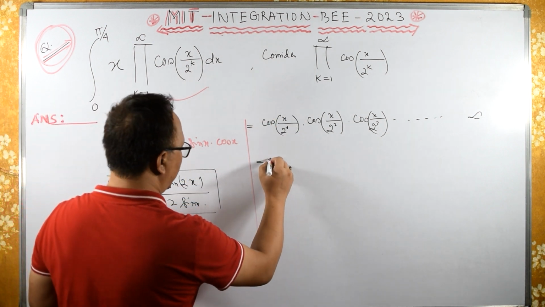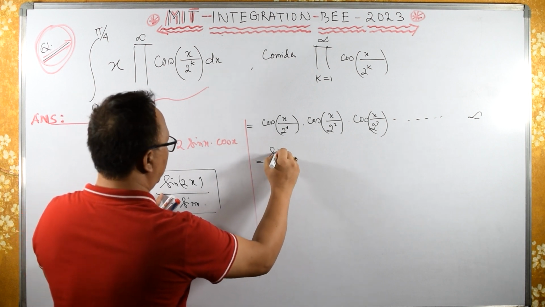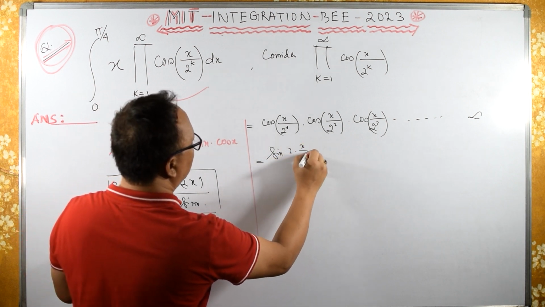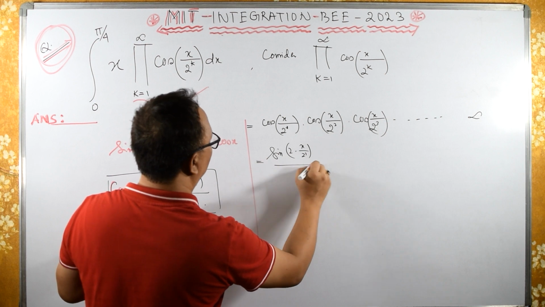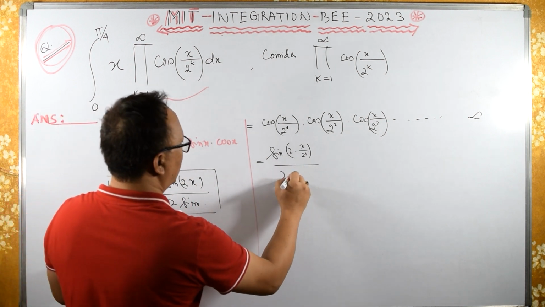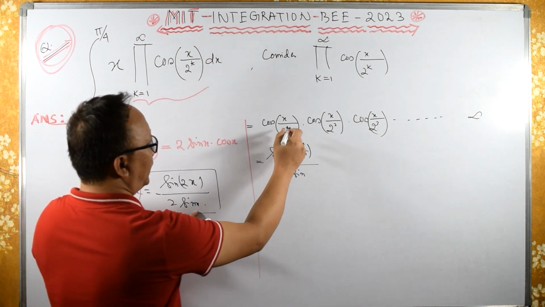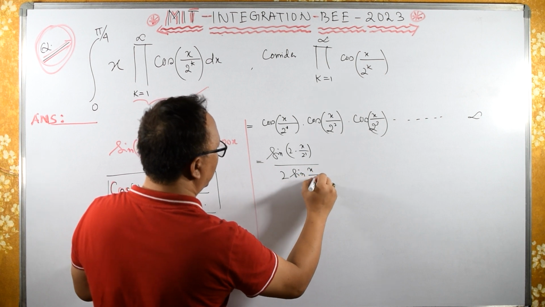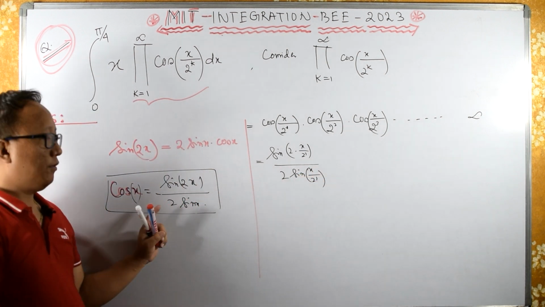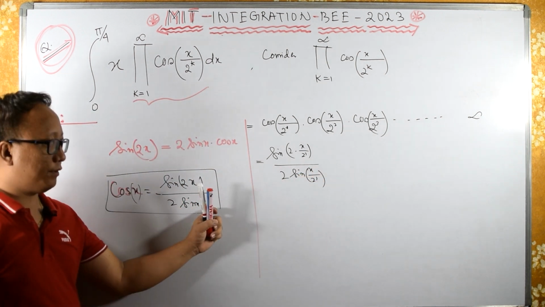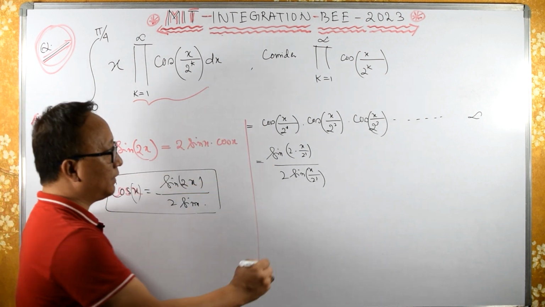So this is the same as sine of 2 into x upon 2 raised to 1, upon 2 sine of x upon 2 raised to 1. I am just applying this formula for each and every term.